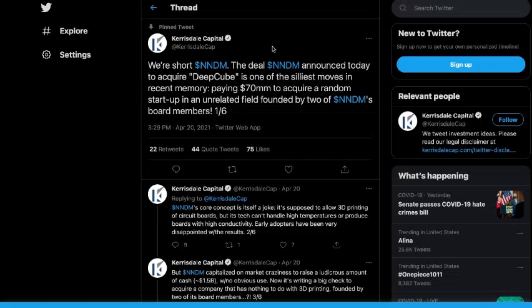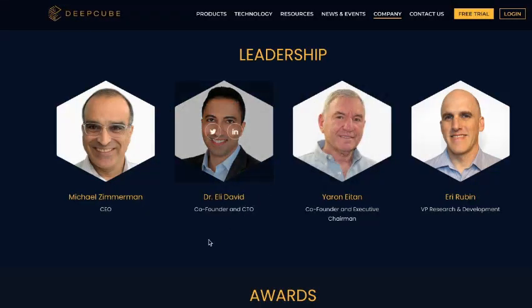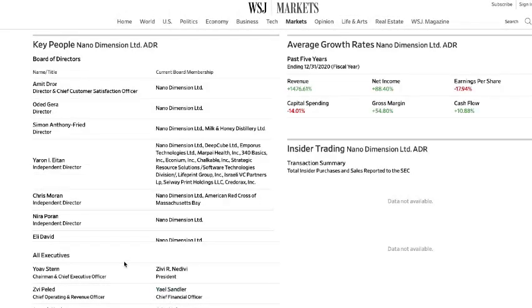So let's verify that this is actually true, what they are saying. If we come over here to DeepCube's leadership team, this is where we can find their founders. We see both Eli David as a founder and Yaron Ethan as a founder as well. Now coming back over here, we can get NNDM's board of directors. So right here, we can obviously see that Yaron Ethan is a part of this leadership team on NNDM as well as DeepCube.